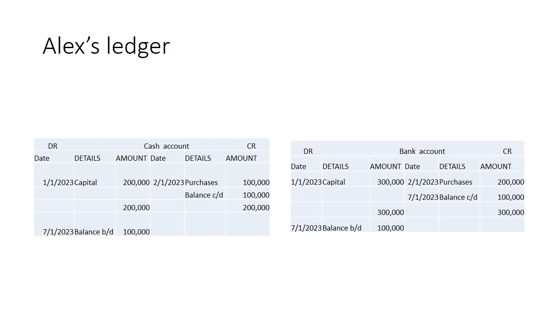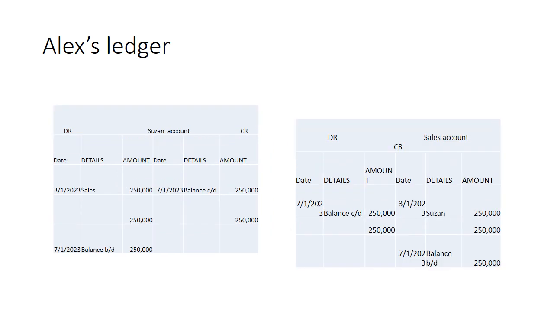Then we made a purchase of 200,000, leaving the account with a balance of 100,000. And in the Susanna account, we made a sale on credit of 250,000, and at the end of the week, with no further transaction, the balance remained 250,000.